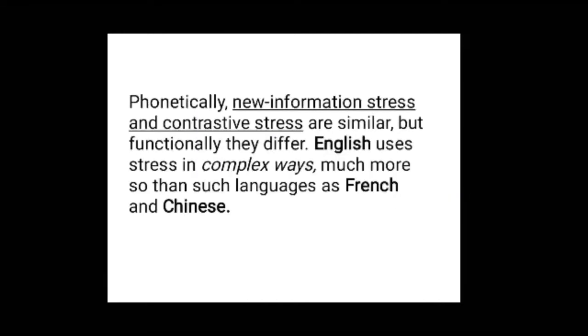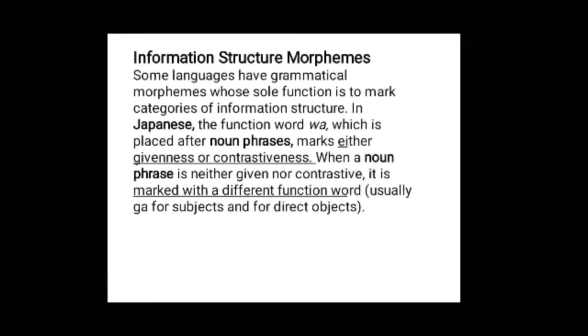Phonetically, new information stress and contrastive stress are similar, but functionally they differ. English uses stress in complex ways, much more so than languages such as French and Chinese. The second strategy is information structure morphemes.